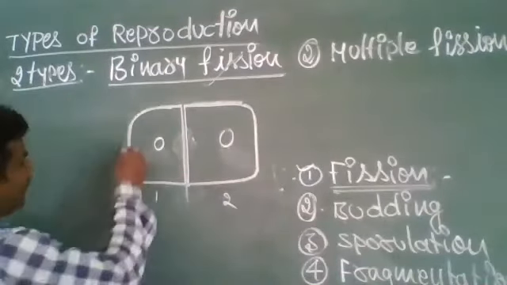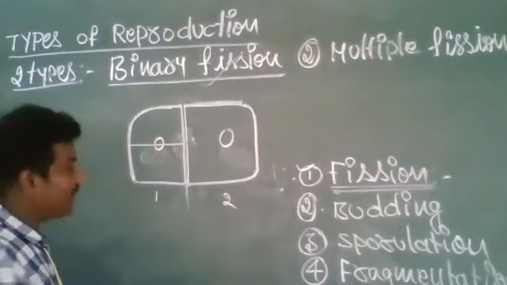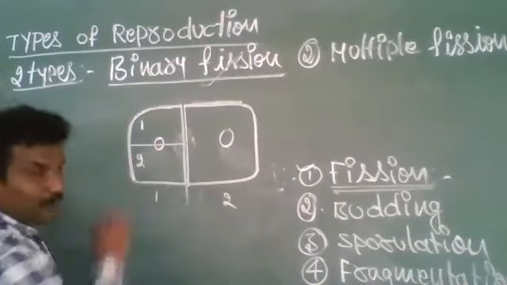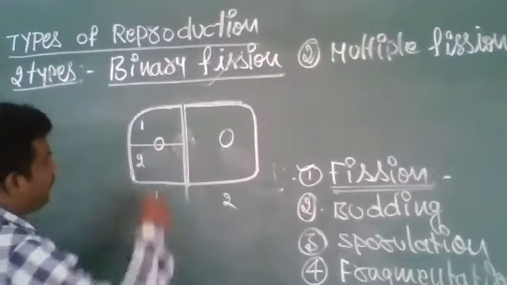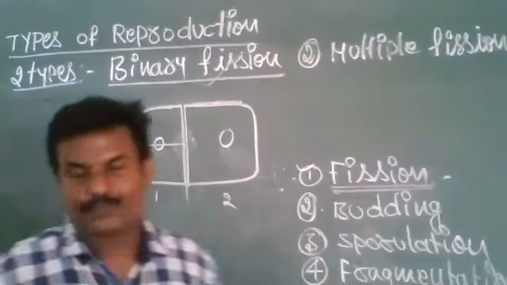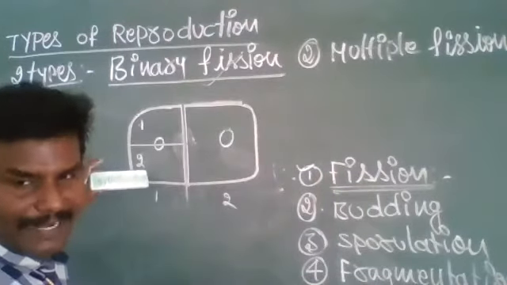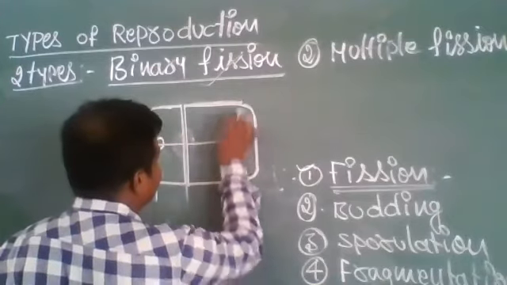This parental organism again undergoes binary fission and forms two offsprings. These two offsprings day by day develop, and these two offsprings again turn to be parental organisms. It is the same like this.